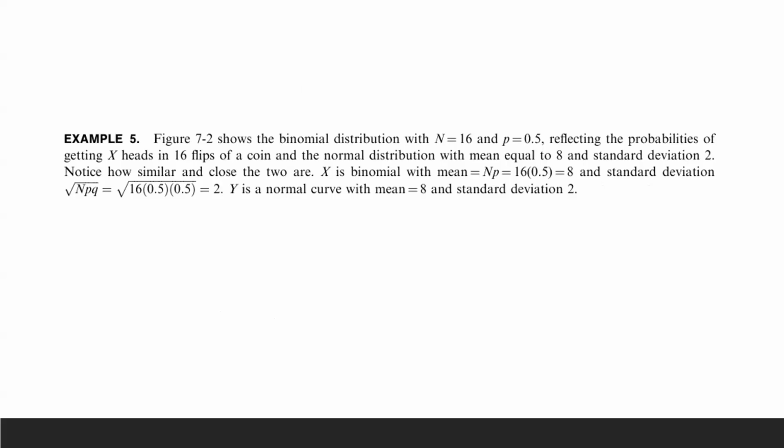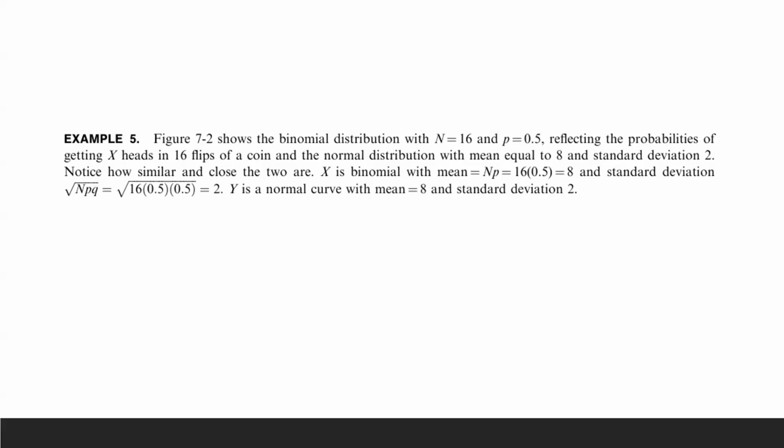In this picture, the binomial distribution with n equal to 16, p equal to 0.5, reflects the probabilities of getting x heads in 16 flips of a coin, and the normal distribution has mean equal to 8 and standard deviation 2. Notice how similar and close the two areas are.